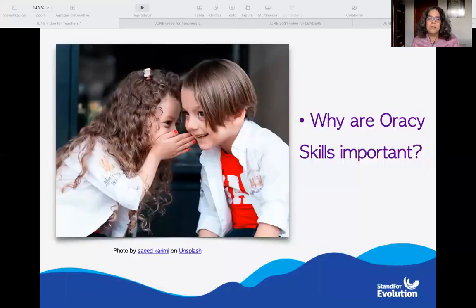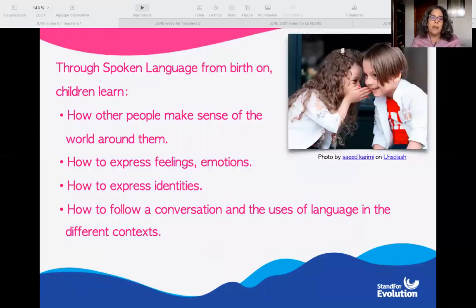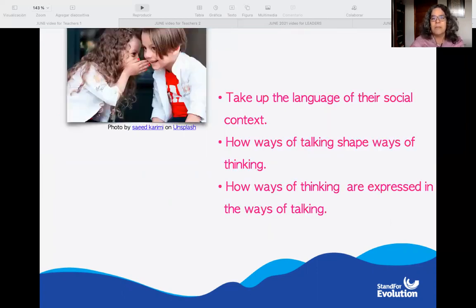So why are oracy skills important? Through spoken language from birth on, children learn how other people make sense of the world around them, how to express feelings and emotions through language, how to express identities, because the way you use the language, the intonation, the stress, the words you choose, show your identity, how to follow a conversation, and the uses of language in different contexts.